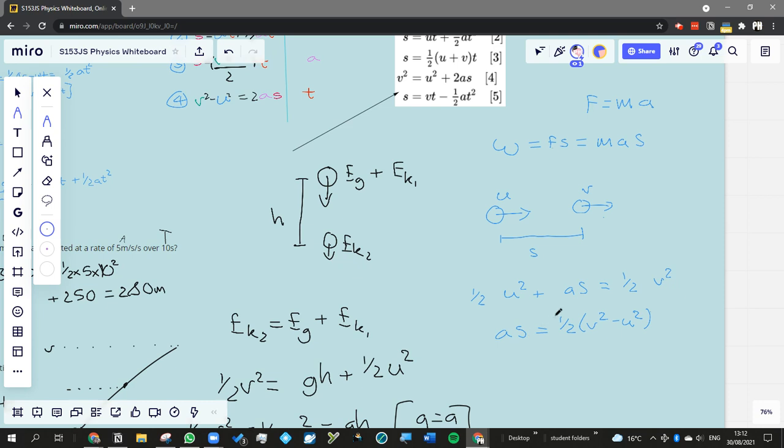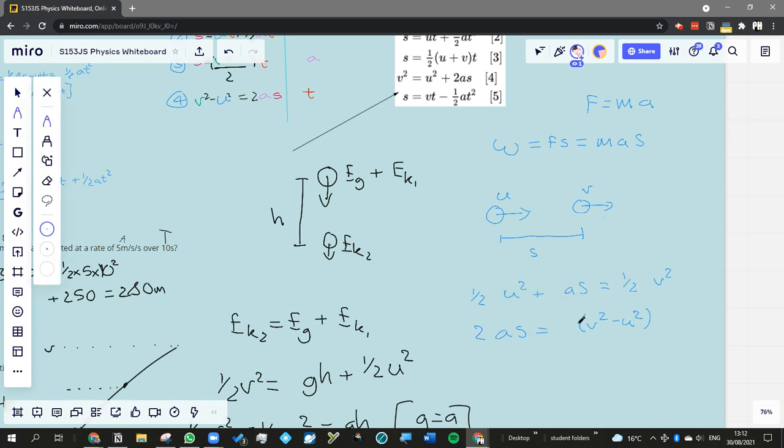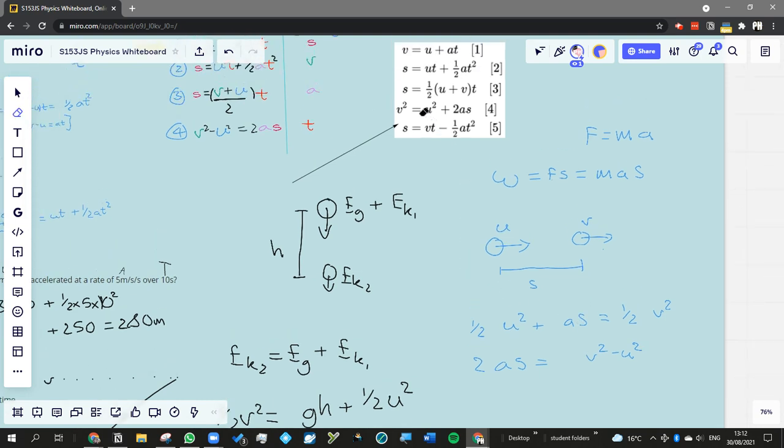And then I'm going to multiply both sides by 2, and we'll have 2as is equal to v squared minus u squared. If you flip it around slightly and rearrange it, you get v squared is equal to u squared plus 2as. I've written that. It's the same thing.